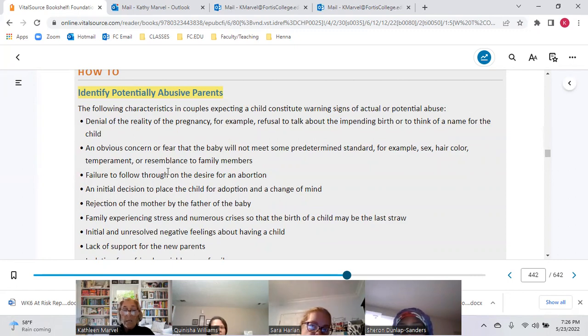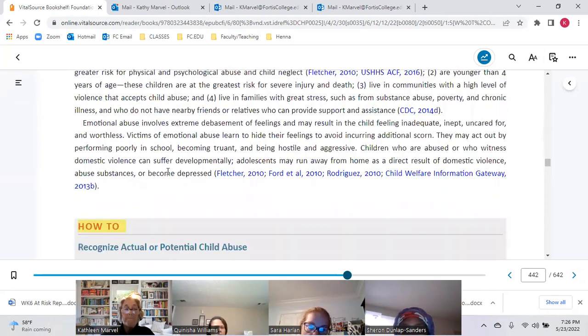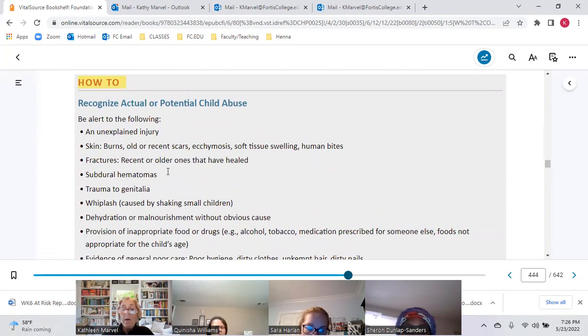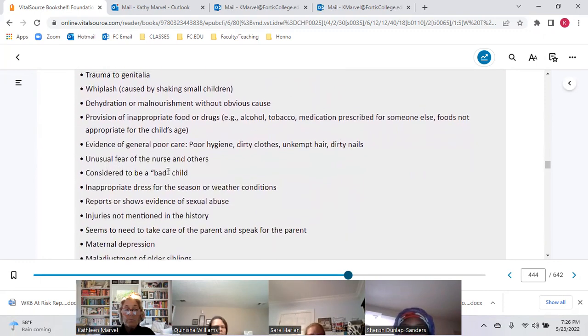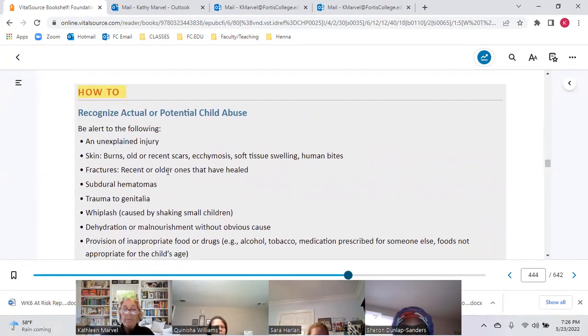Okay, can you potentially identify what abusive parents might look like or sound like or talk like? And this is another good how-to box on page 444. How do you recognize actual or potential child abuse? Big, long list.